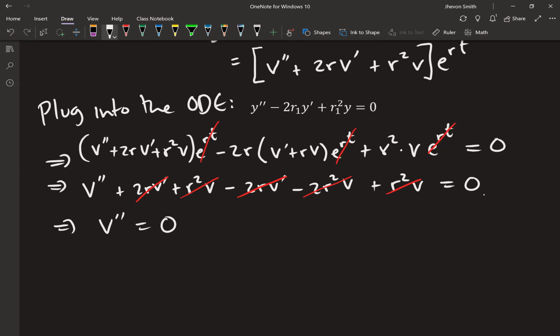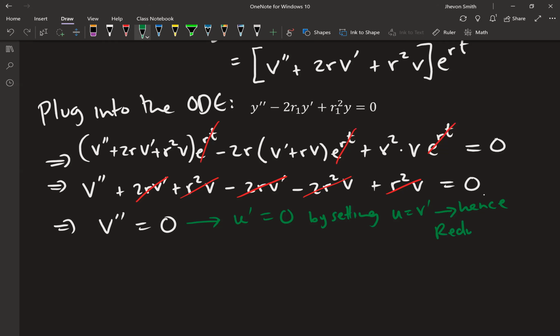Now, this is why it's called reduction of order, because technically how we think about this is that we do a substitution, change it to a first order. In this case, you don't need to, but you would change it to a first order by setting u equals v prime. So hence is why we call it reduction of order.